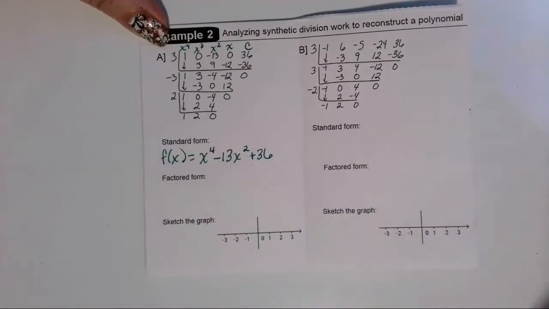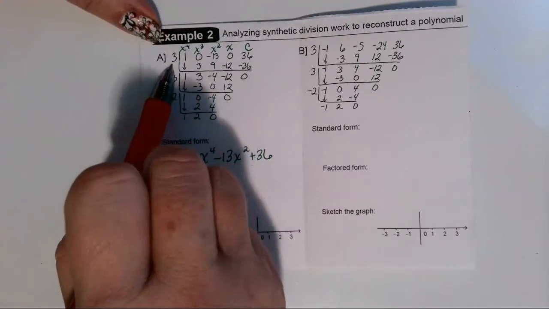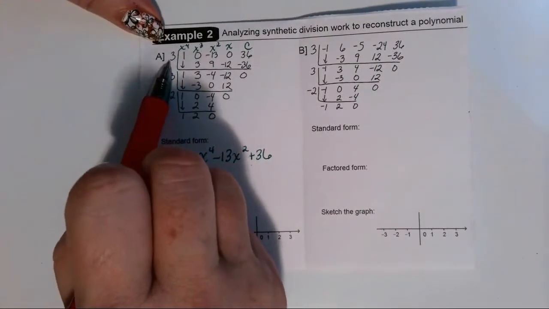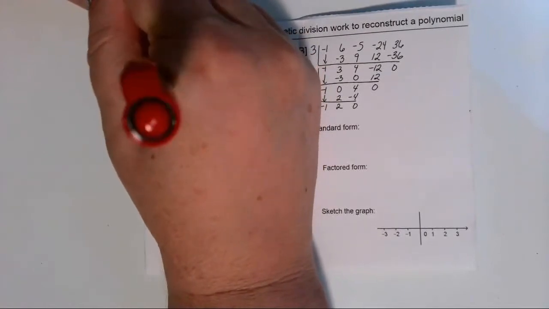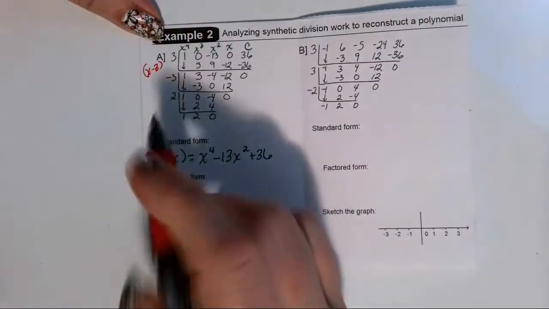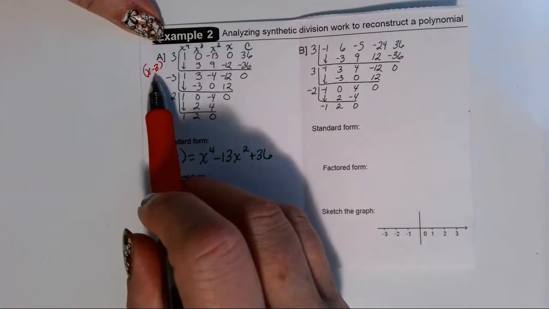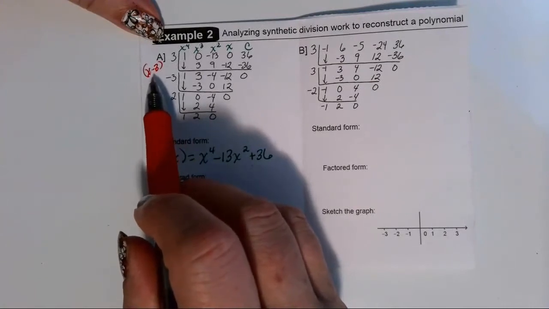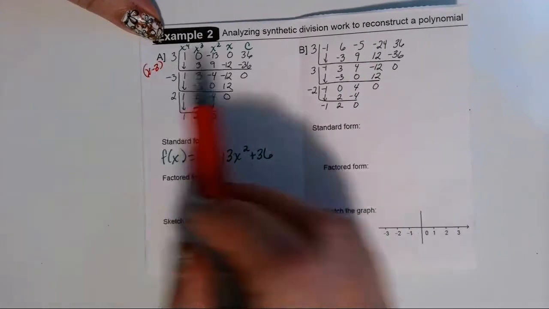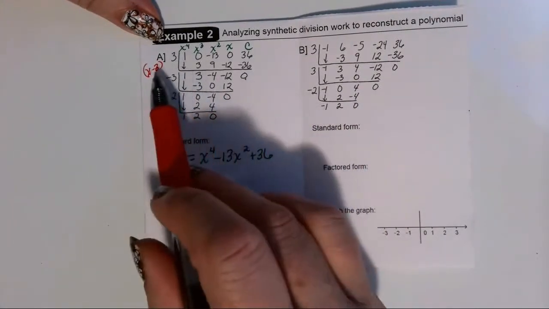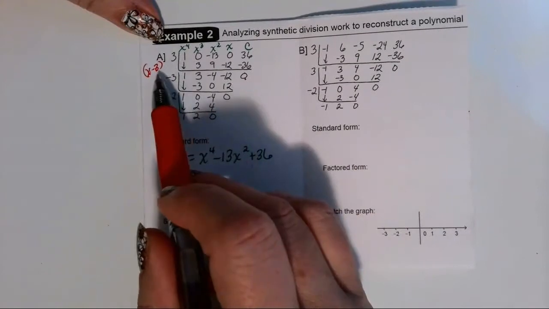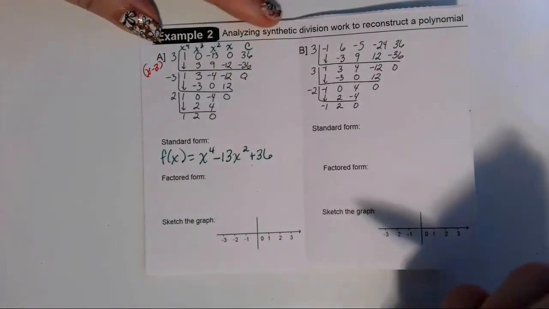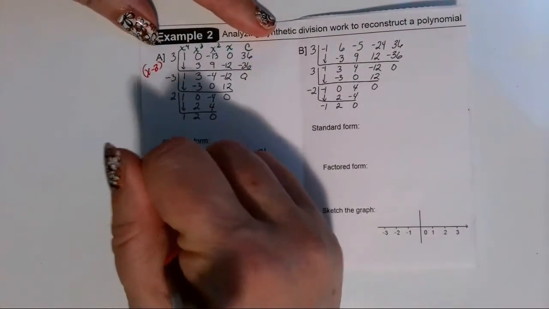Okay, out front we see the divisor, and if the divisor was a 3, that came from a factor or a divisor of x minus 3, because remember we only use linear divisors with synthetic division. And my remainder there in that first row of division was a 0, so we know that x minus 3 was a factor of my original polynomial.